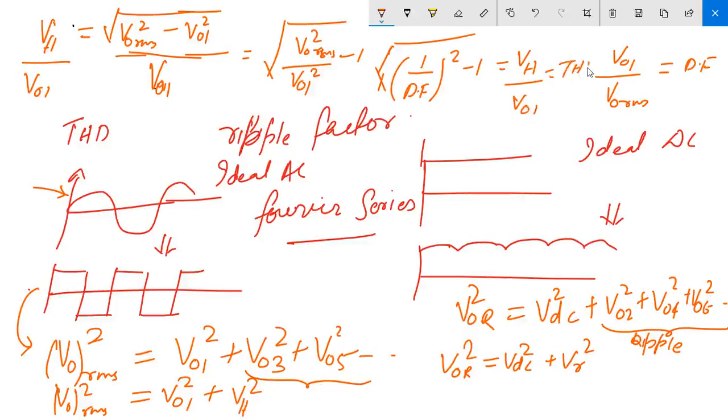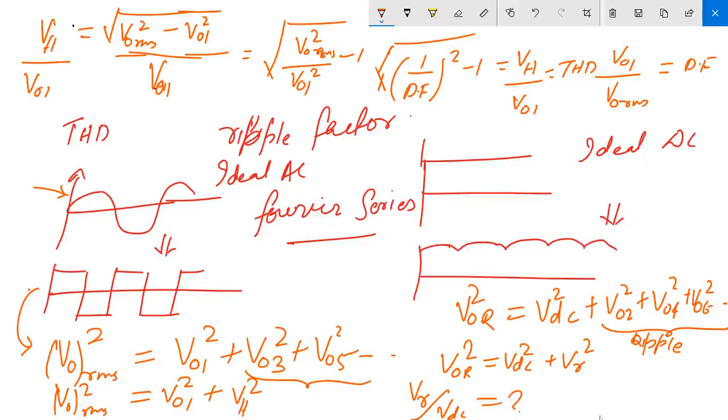THD, total harmonic distortion. This is what the total harmonic distortion tells you about. Similarly, if you do it for this VRMS, you will get a term that is ripple factor, and that ripple factor is VR upon VDC.